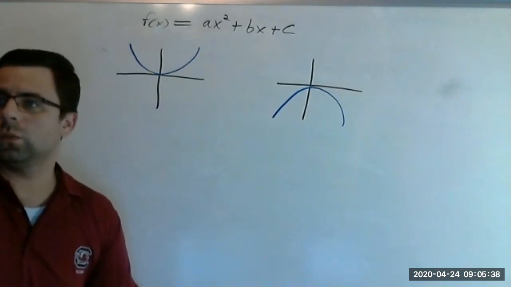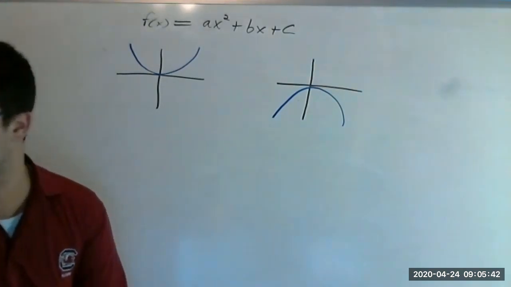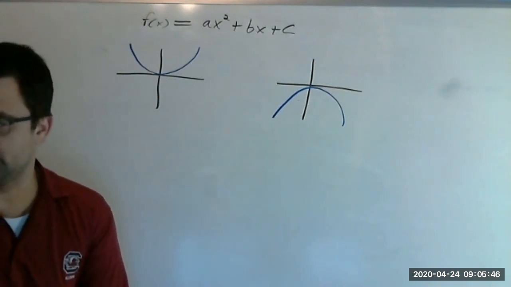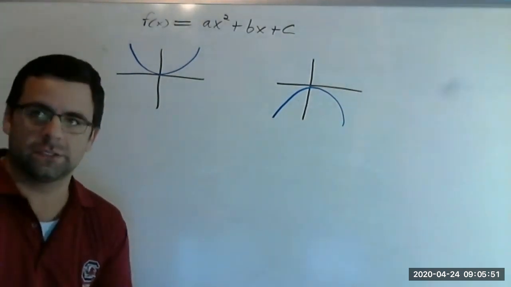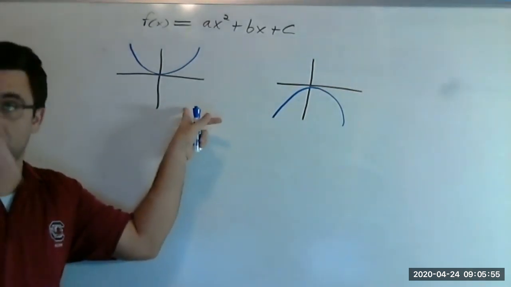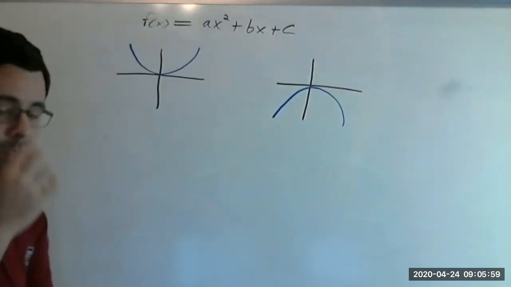All right, so what is the cause? What is the determining factor that makes the graph either open up or down?